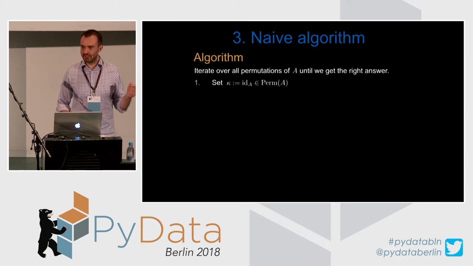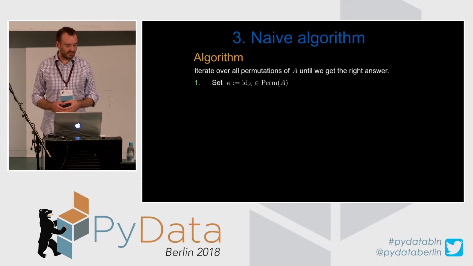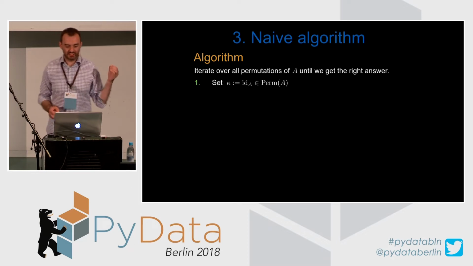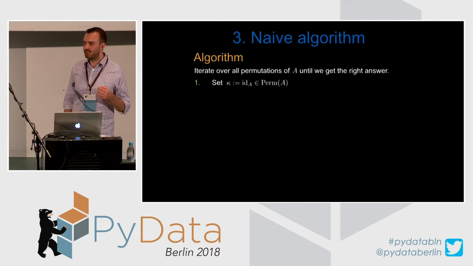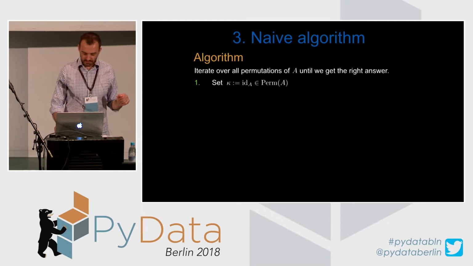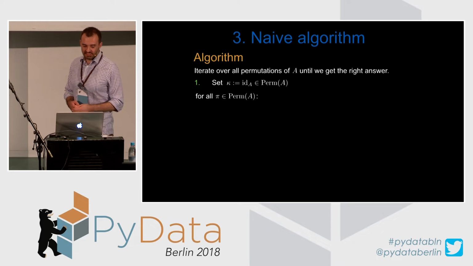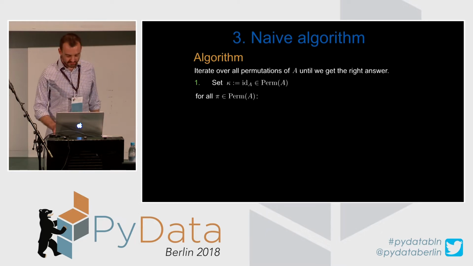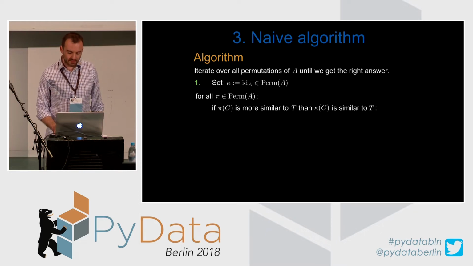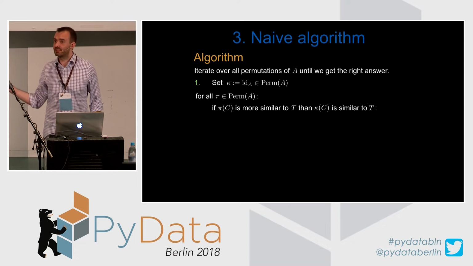So if I had to do a coding interview and write that down in steps on the whiteboard, it would look something like this. You've got to start somewhere, so why don't we start with the identity permutation in the alphabet A? So the thing that maps A to A, B to B, C to C, leaves everything alone. Well, then I'm going to iterate over all the permutations, and for each permutation, pi, here's what I'll do. If pi of C is more similar to T than K of C is similar to T, then something's going to happen.